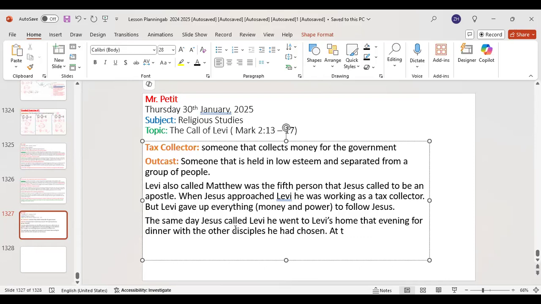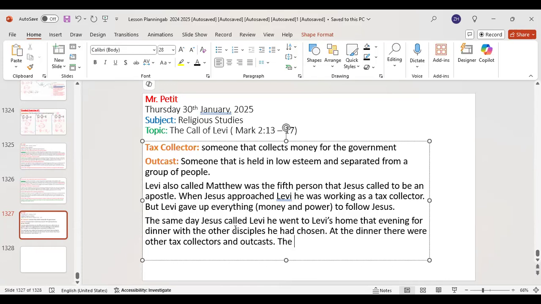At the dinner, there were other tax collectors and outcasts. Remember, these people who they didn't like, these people who they want to be separated from, they're too holy for them, right? At the dinner, there were other tax collectors and outcasts.